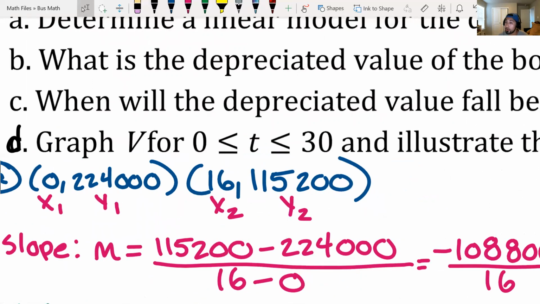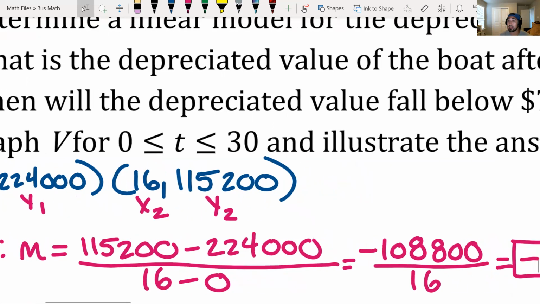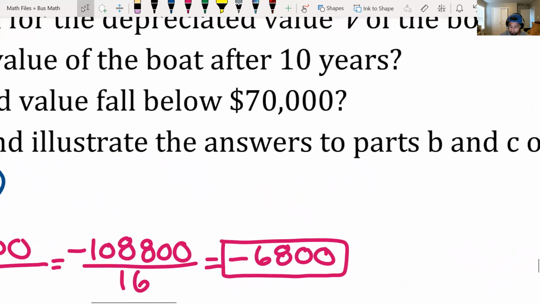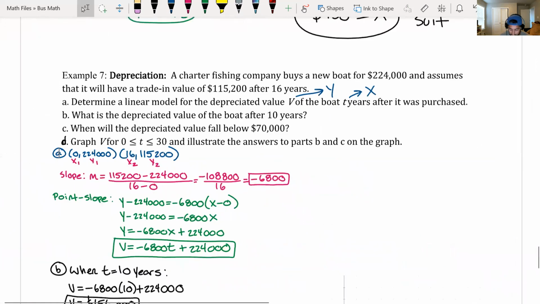Graph our linear function V for 0 is less than or equal to T, and T is less than or equal to 30. So they're giving us X values to help us graph our function, right? So graph V between 0 and 30 years and illustrate the answer.